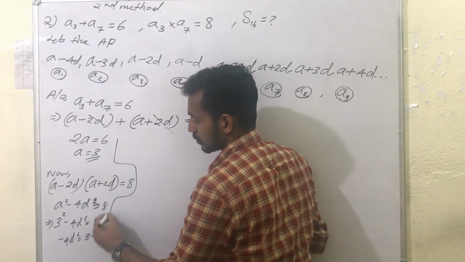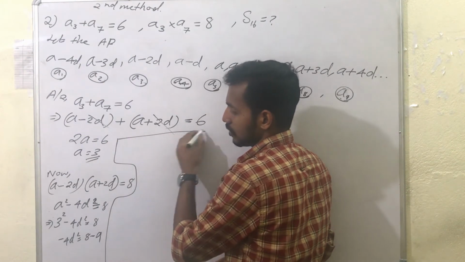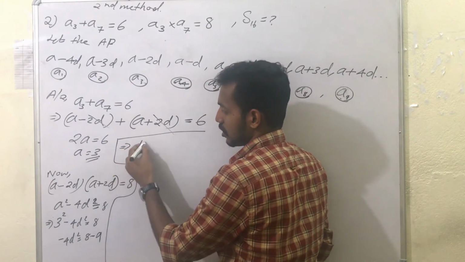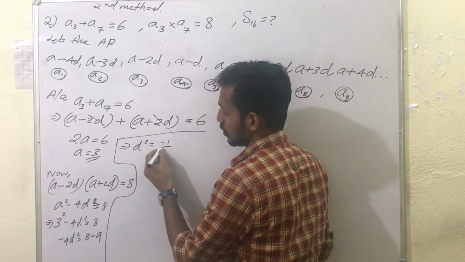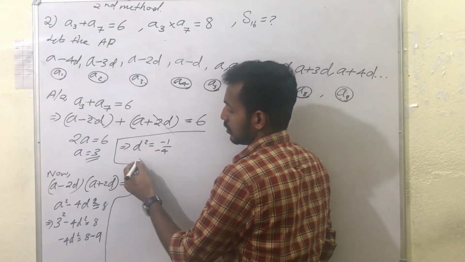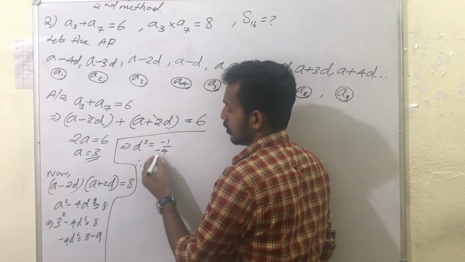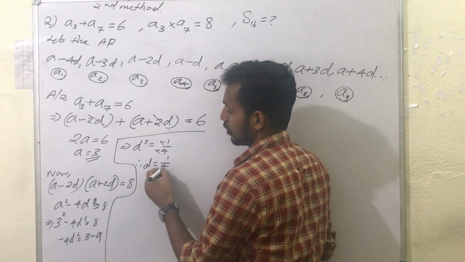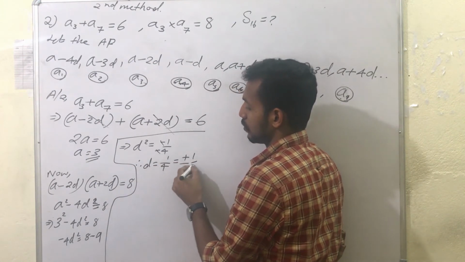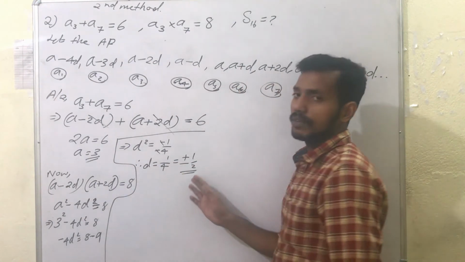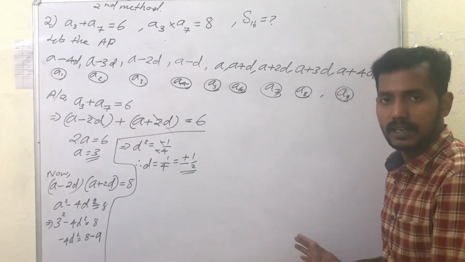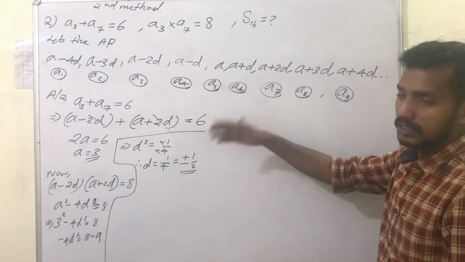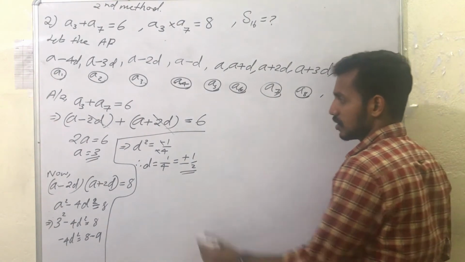That implies D square is equal to minus 1 by minus 4. Therefore, D is equal to plus or minus 1 by 2, which is the same value of D we got in the first case. Okay, there is no difference.